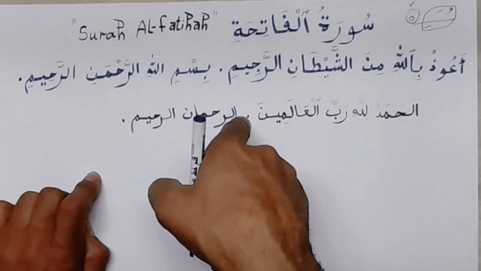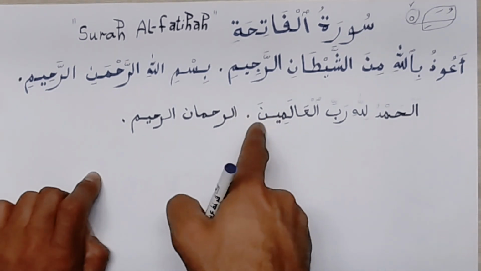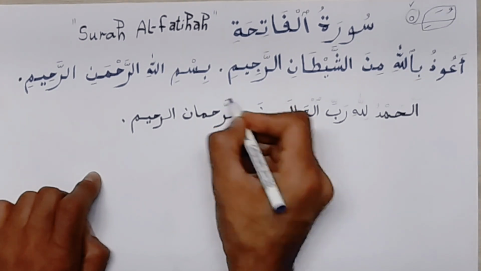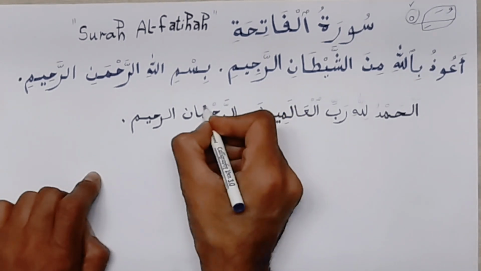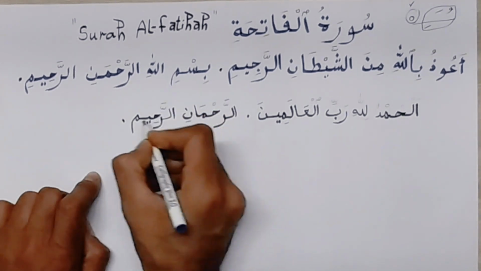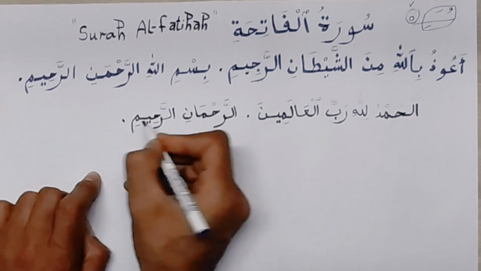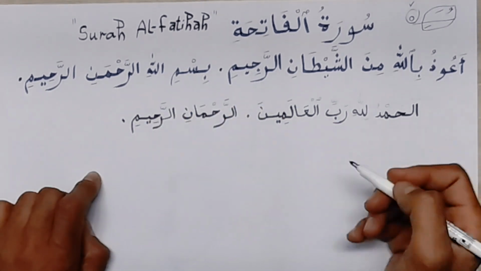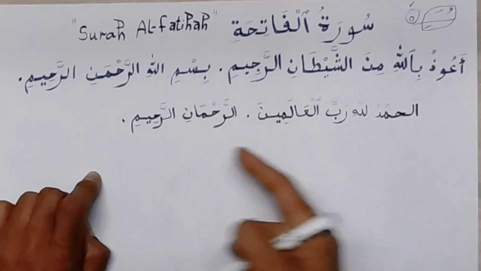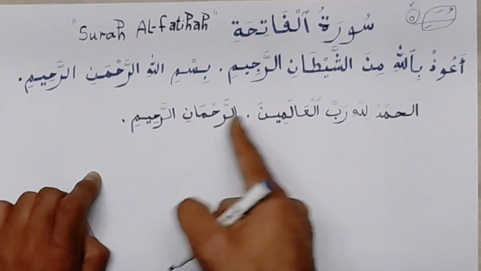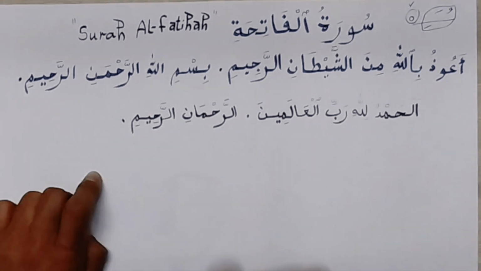But here we have stop, so Al-Alamin. Ar-Rahmani Rahim. الحركة becomes sukun. Why? Because we have stop. العالمين الرحيم. Great.